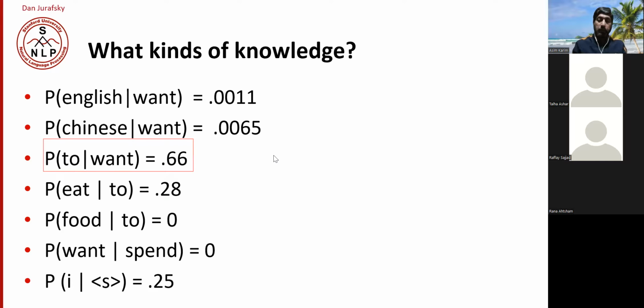So basically, if you want to find the probability of "want to", it is 0.66. This is, of course, a restaurant and eating data set, so this occurs quite frequently.